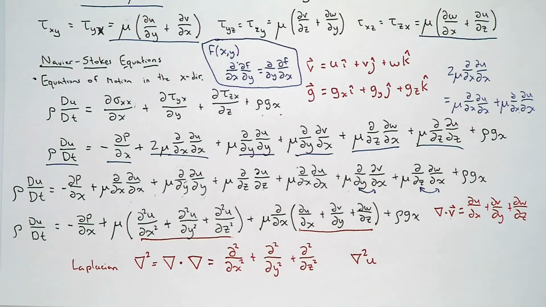So what does this leave us with? This leaves us, and I'm going to have to take my initial sheet out of the way, but this essentially leaves us in the x direction with a pretty understandable equation.